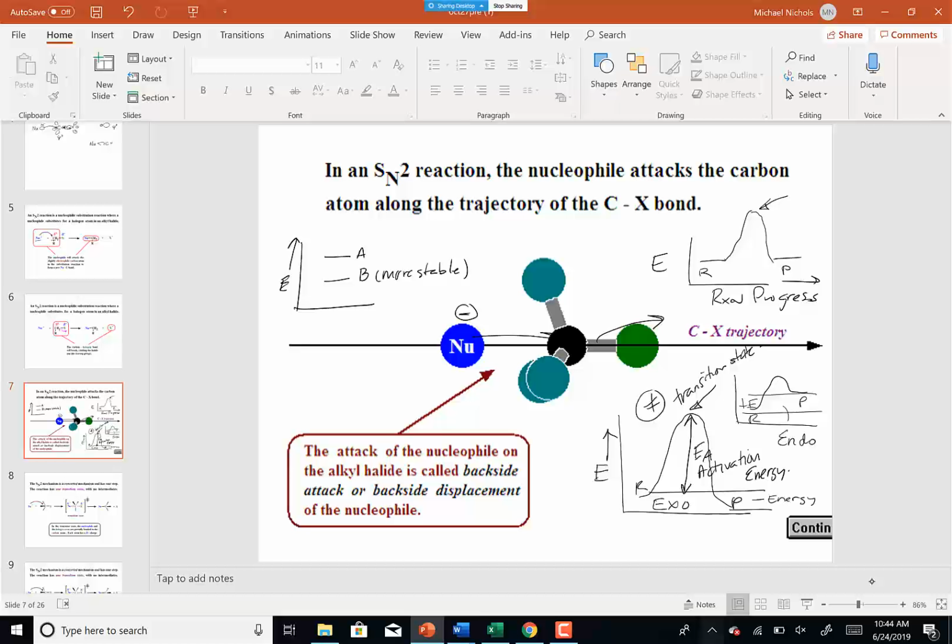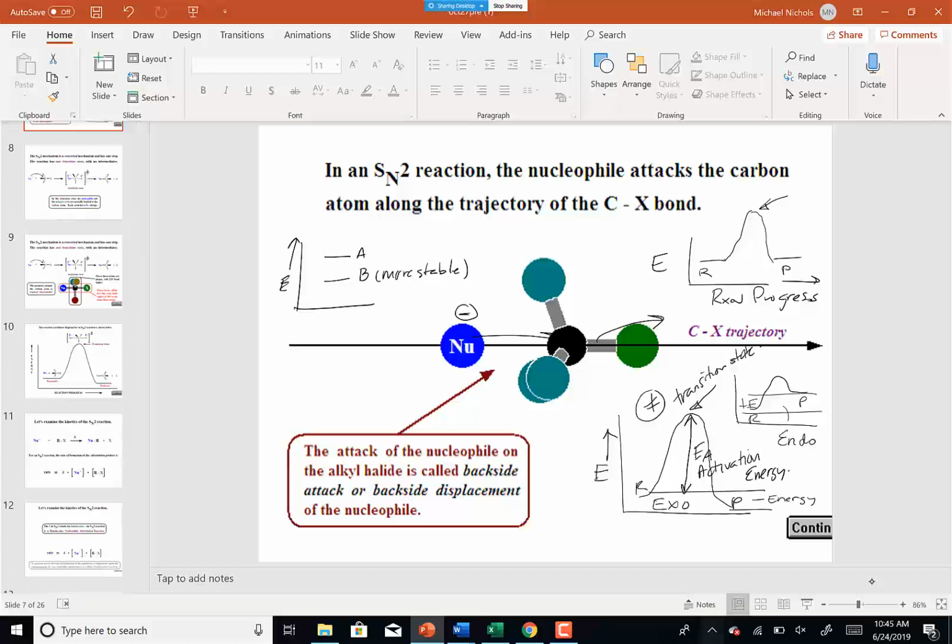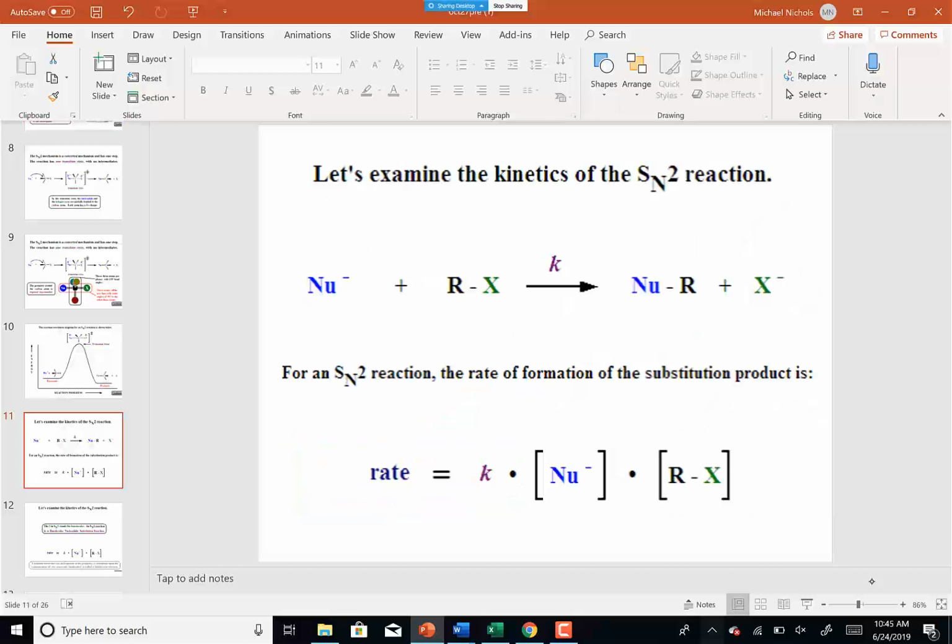And that's going to be a question of kinetics. So let's skip ahead to the kinetics, which is this slide. Let's examine the kinetics of the SN2 reaction. And you might say, where did the 2 come from? Well, the 2 came from kinetics, so let's talk about where the 2 comes from.